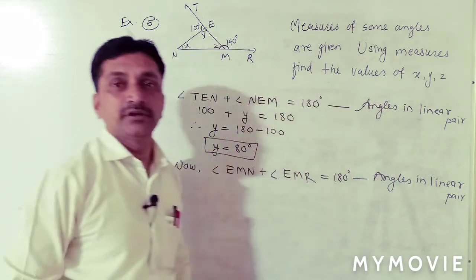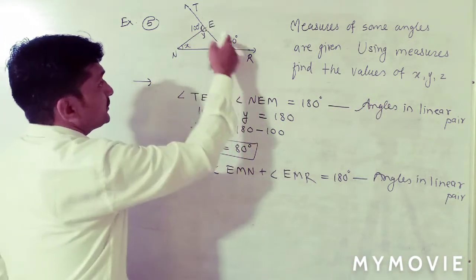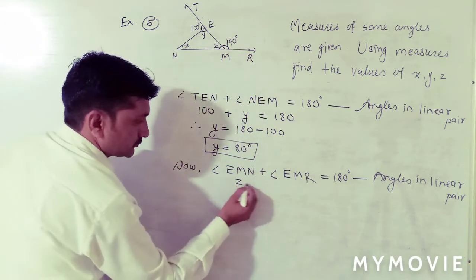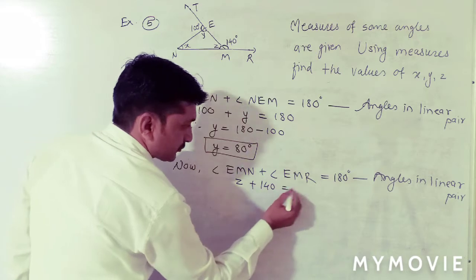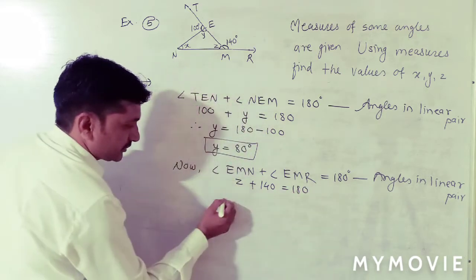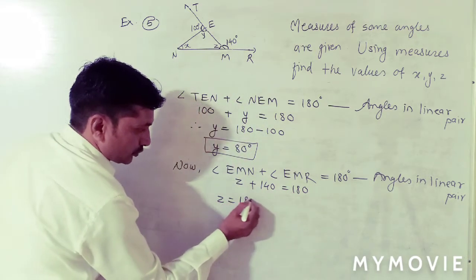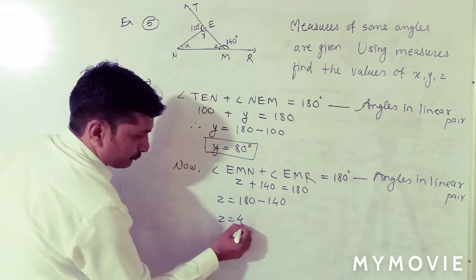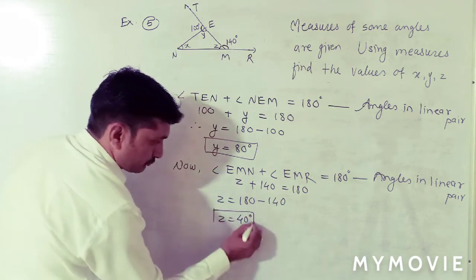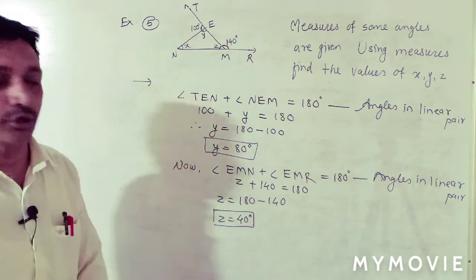These are also angles in linear pair. EMN is z plus EMR 140 is equal to 180. Therefore here we get z is equal to 180 minus 140. Therefore z is equal to 40 degrees. The value of z also we got.